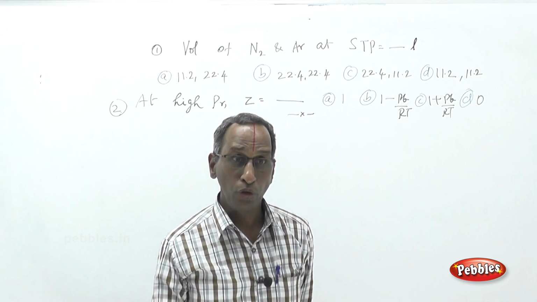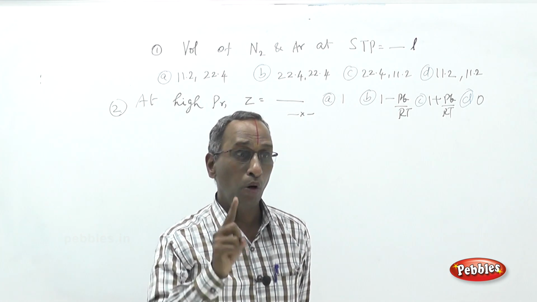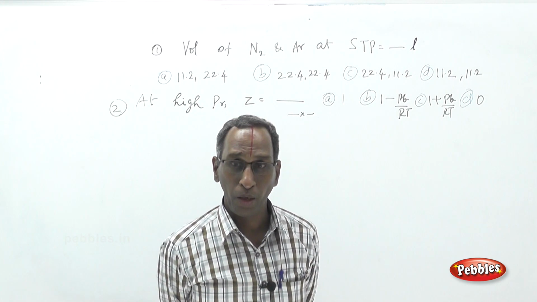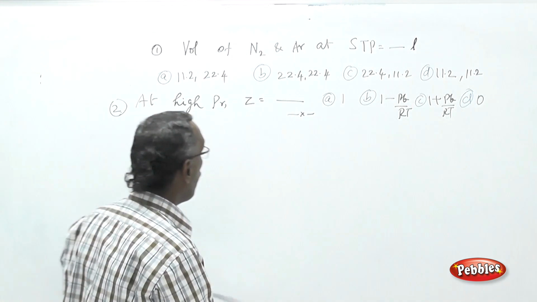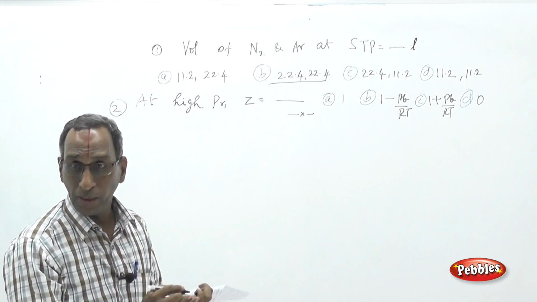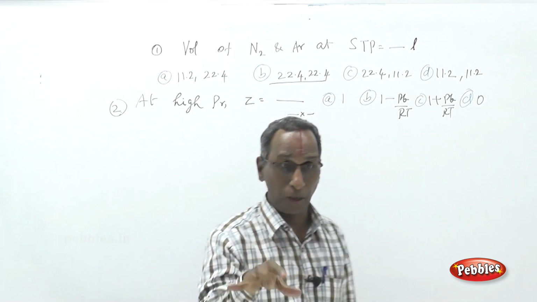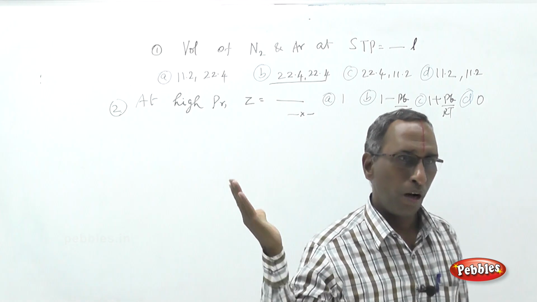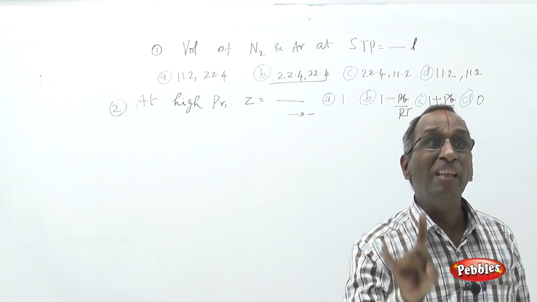Both are gases. The molar volume concept states that 1 mole of any gas, whether nitrogen or argon, at STP occupies only 22.4 liters. Irrespective of monatomic or diatomic, you can list any number of gases: ammonia, methane, nitrogen, oxygen, even ozone. The condition is that they should be in the gaseous state.